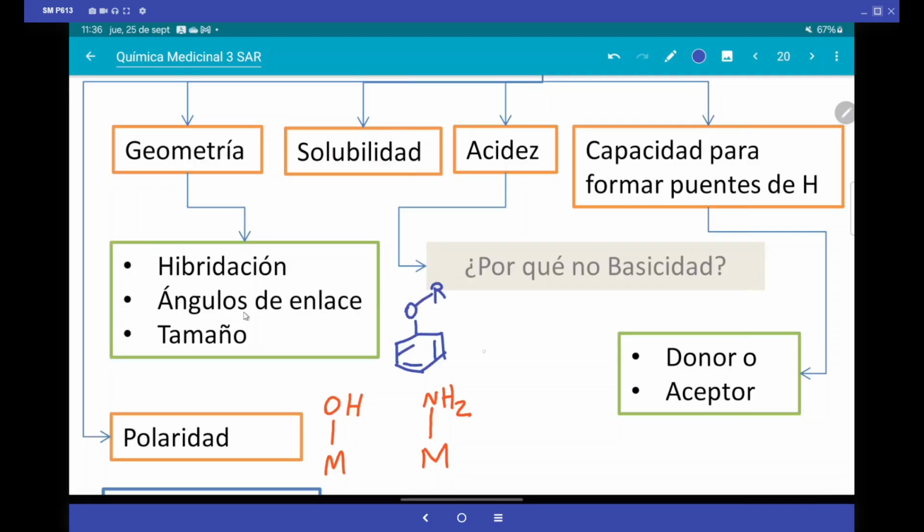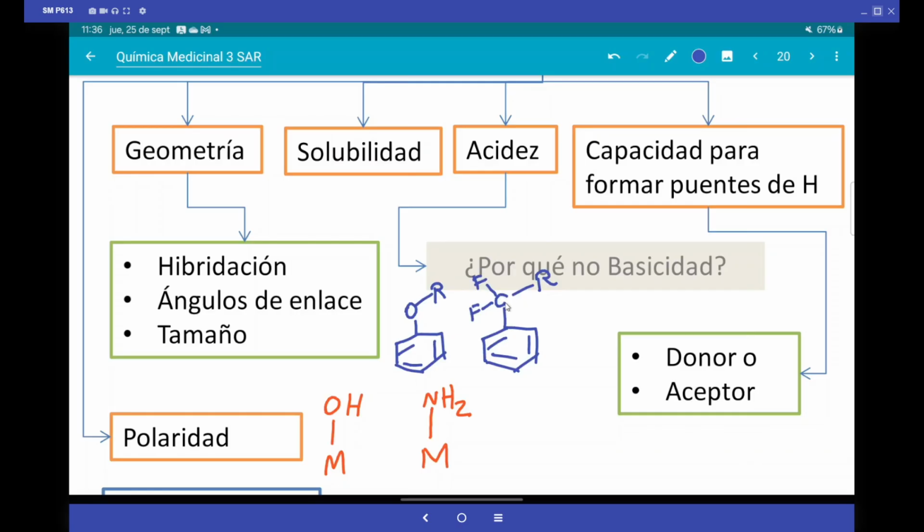Well, here next we could have as isosteric of that ether a carbon with two atoms of fluorine, and then R, generating a similar geometry because the hybridization of oxygen and carbon is sp3. Very similar bond angles, and in size they are similar, although it turns out that fluorine is very close in size to which atom? To hydrogen.